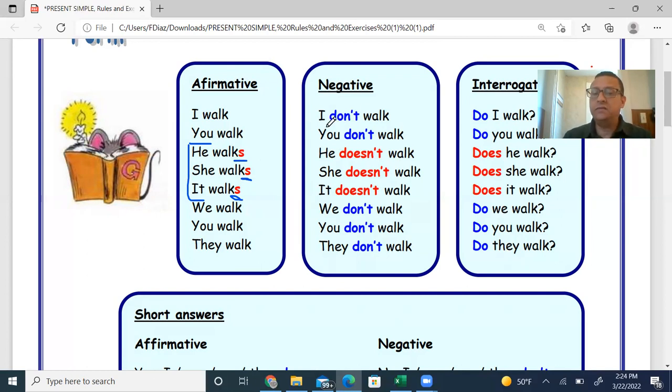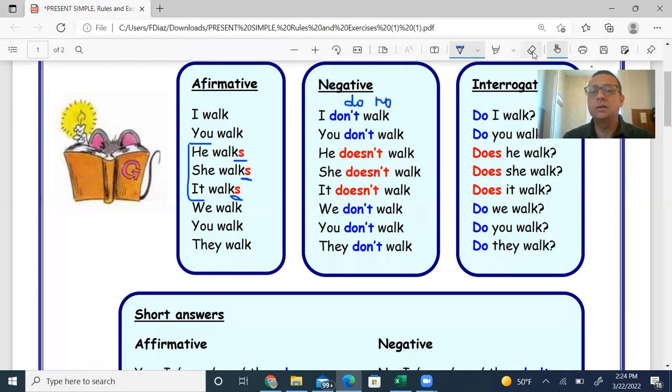To make the negative, you need the verb do and the particle not.